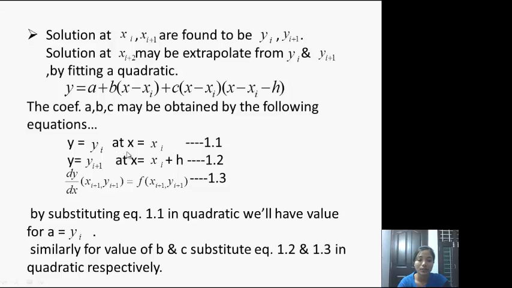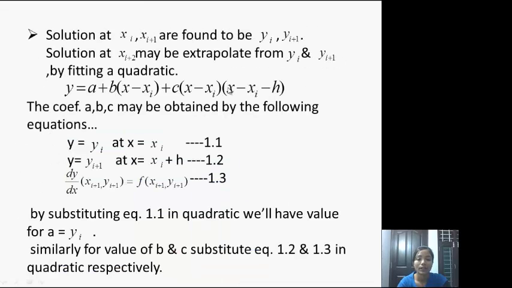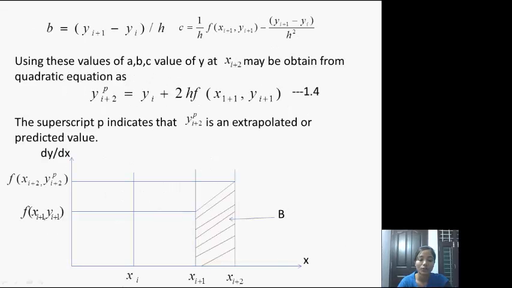We substitute these equations in our quadratic equation, and we will have the values of a, b and c.